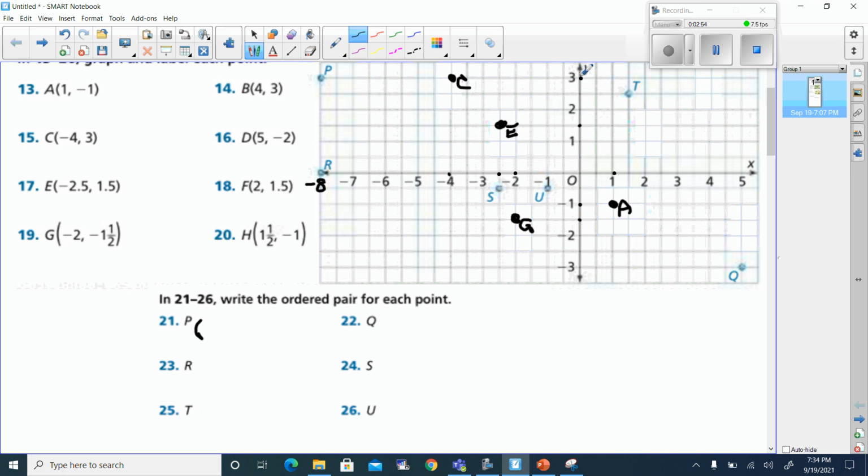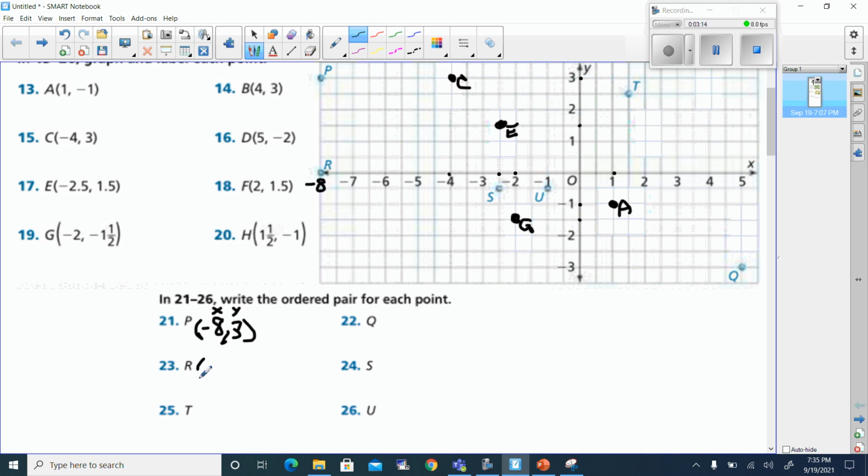And this would be +3. So this would be -8 and +3. And please always remember, just like the alphabet, we put our coordinates in X and Y, okay? In order of the alphabet, X, Y. So we're doing X first, then Y second.